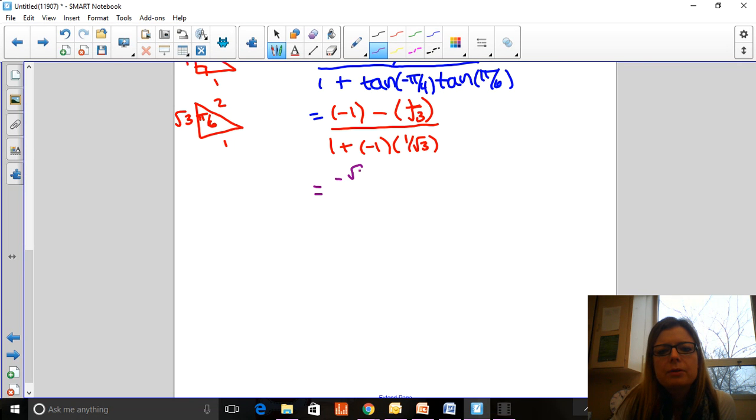So you get minus root 3 over root 3 minus 1 over root 3 on the top. And you get, so the denominator will be root 3 again, so root 3 over root 3, so that's just 1, minus 1 over root 3 on the bottom.